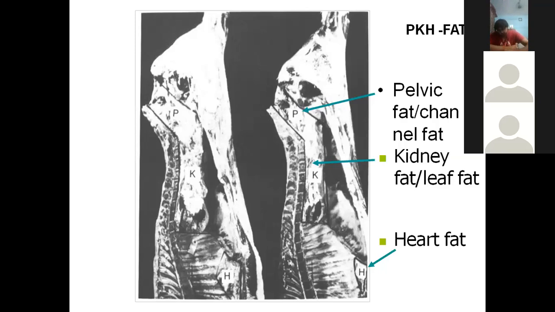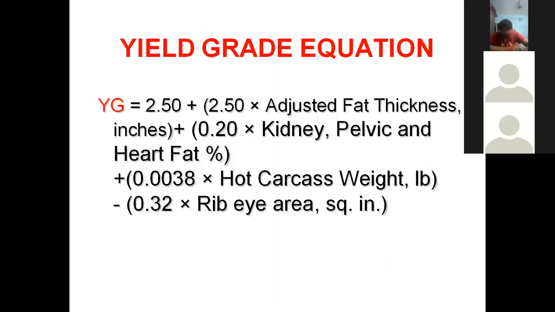So three things are very important when you go with carcass grading. One is the back fat thickness. Next is the rib eye area, and third is the KPH fat, that is pelvic fat, kidney fat, and heart fat. Once you get all these three things, we can go with the calculation.